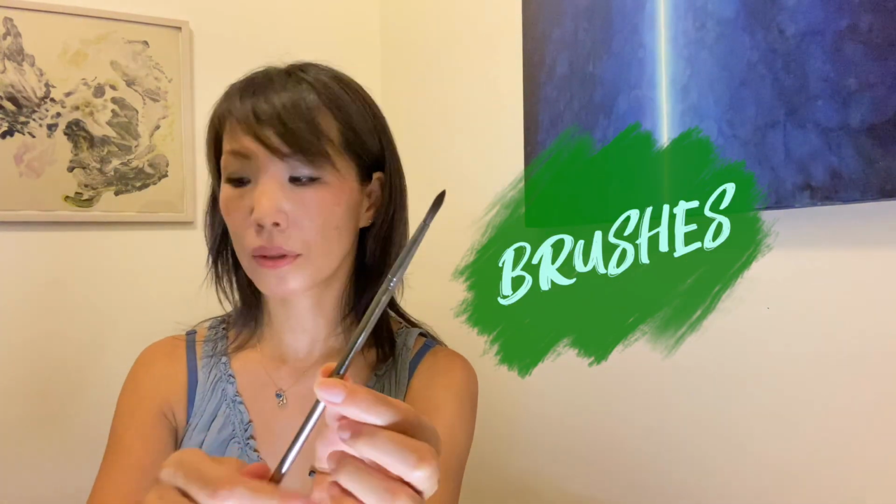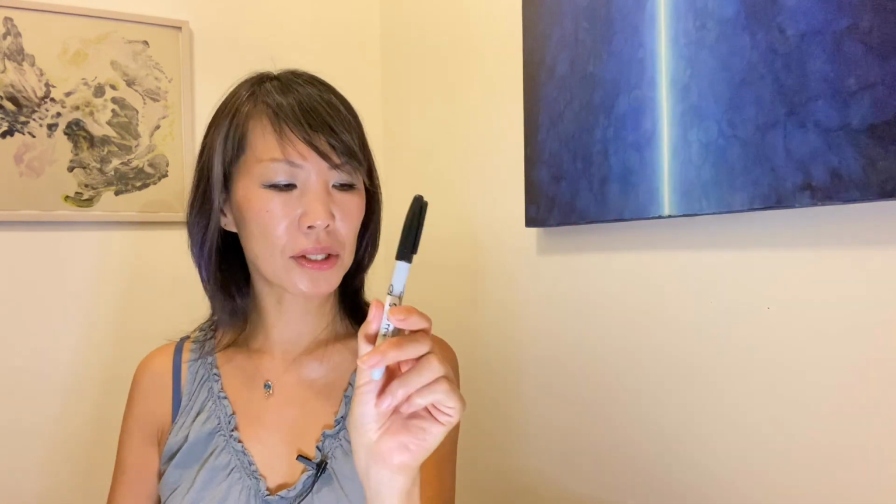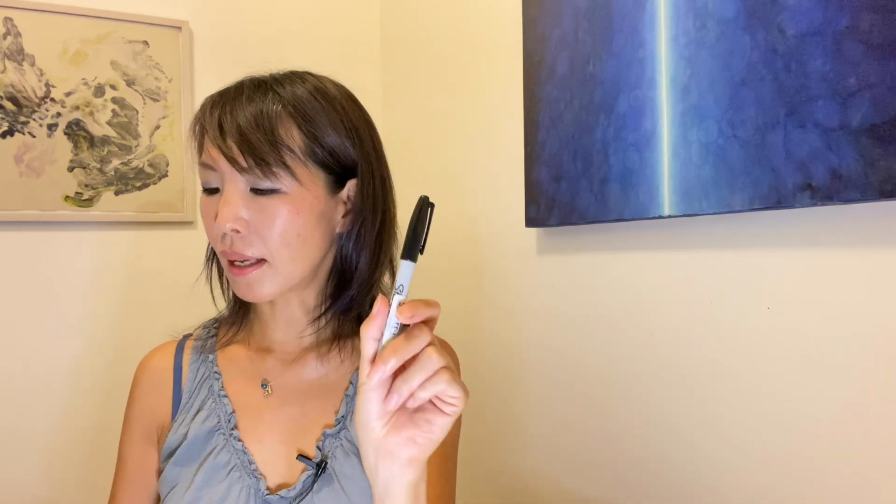And you need some brushes. This time it's good to have a smaller pointed brush. You can have some flat ones, but not too big. That would probably be easier. If you are going to paint, you need Sharpies because I want to have nice dark lines that don't fade.